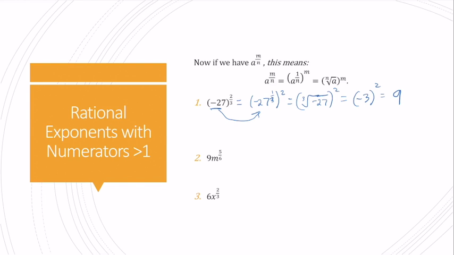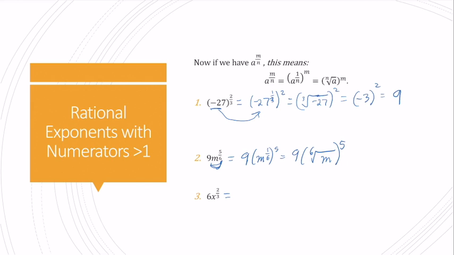All right, let's take a look at this example. I have 9 times m to the 5/6. This 5/6 is only attached to my m. So that's like saying I have 9 times m to the 1/6 to the 5th, which is 9 times the 6th root of m to the 5th.